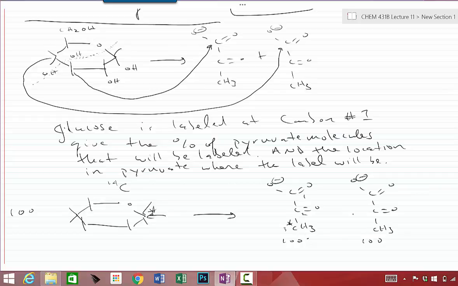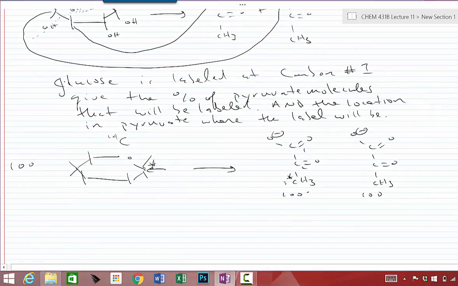Now let's say you're working for a company that makes these compounds, and your customer wants to have all of the pyruvates radiolabeled in the number 3 position, okay? And you're starting off with glucose because your organic chemist only knows how to make glucose, okay?